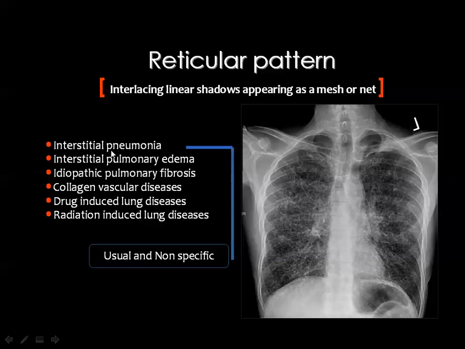Number one, interstitial pneumonia, including two major types: the usual interstitial pneumonia and the non-specific interstitial pneumonia. Number two, interstitial pulmonary edema, idiopathic pulmonary fibrosis, collagen-related interstitial lung disease, drug-induced interstitial lung disease, and radiation-induced interstitial lung disease.